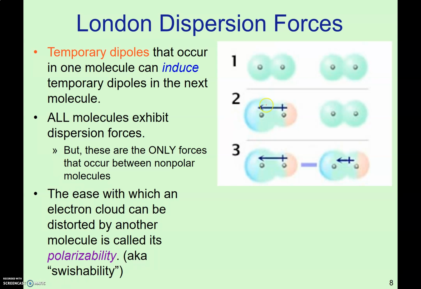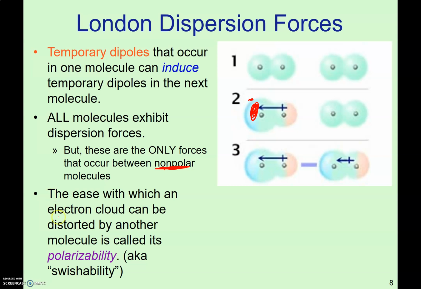So when, let's say, electrons run into each other right here, there are extra electrons here, and this now has a slightly negative charge for only a short period of time. So this force is very, very weak. All molecules have London Dispersion Forces, but it's the only force that nonpolar molecules have. In nonpolar molecules, they're caused by electrons running into each other in the structure.